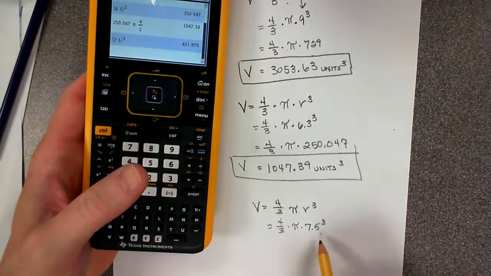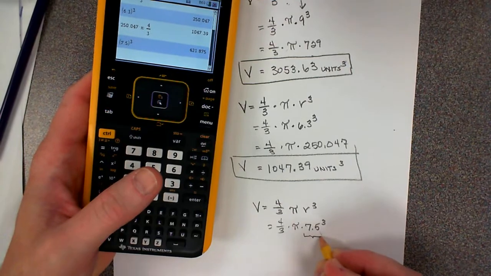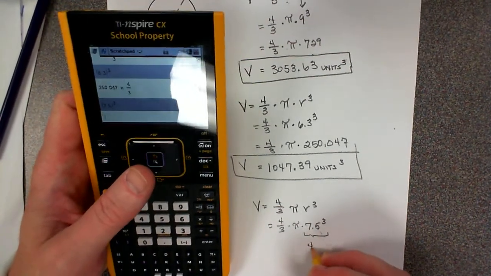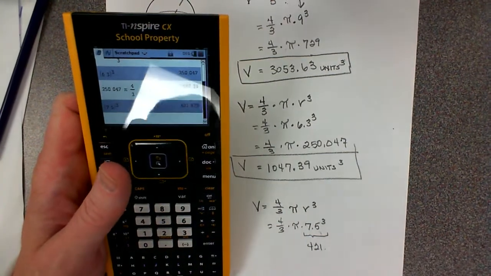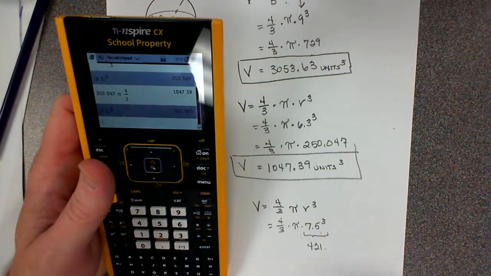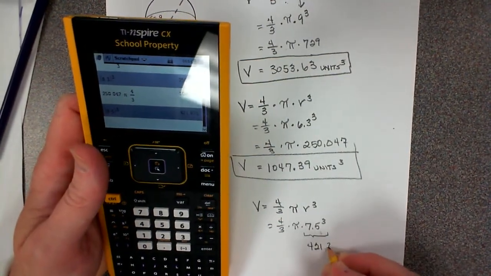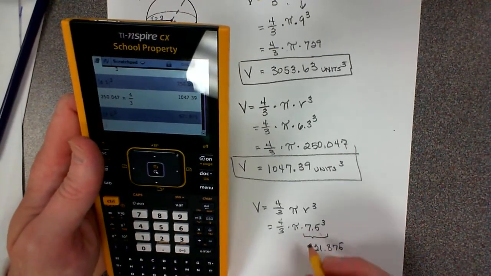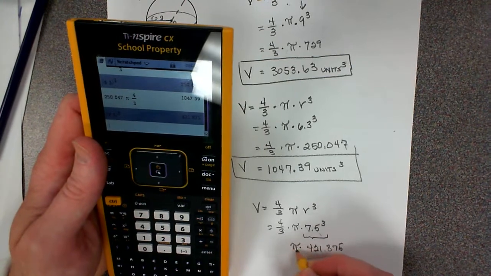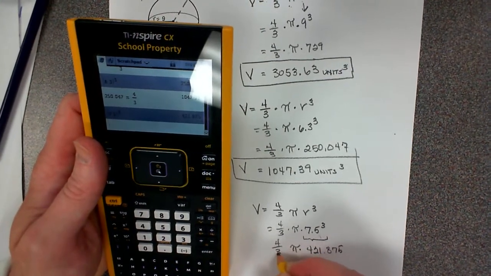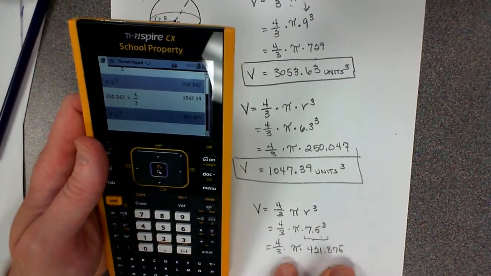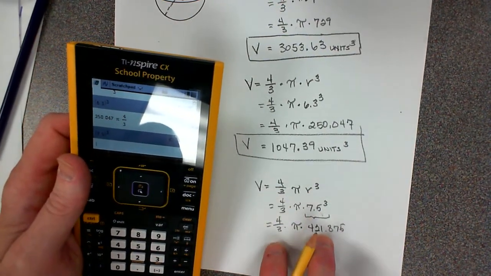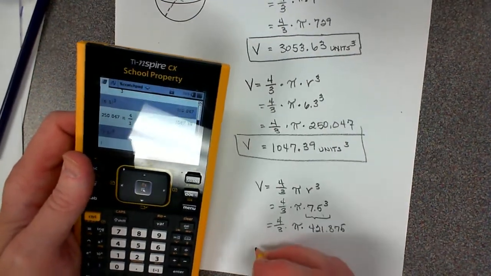So that comes down here. 7.5 cubed then is 421.875. I multiply that times pi, and times 4 divided by 3 is the next step, and that's a fair answer choice as well. You need to understand what's happening through these 4 steps.